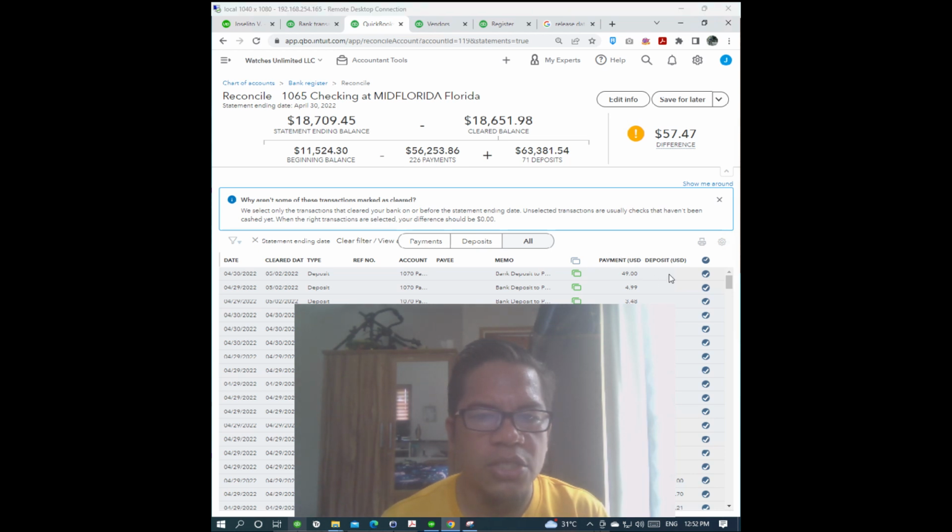Each item in the QuickBooks entries in the reconciliation page is traced to the bank statement, and once traced, it is marked by checking the item in the reconciliation page.